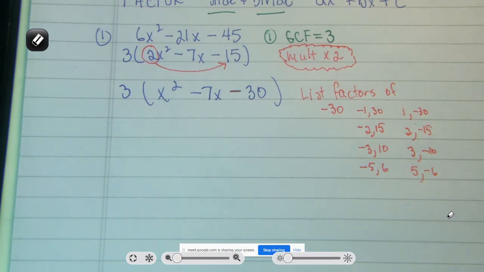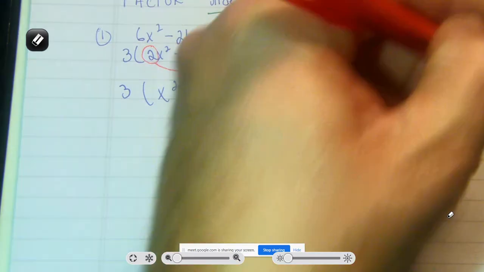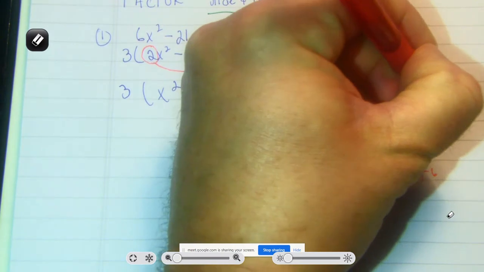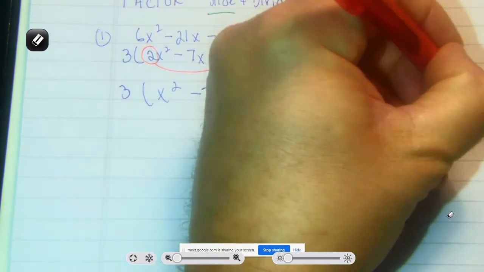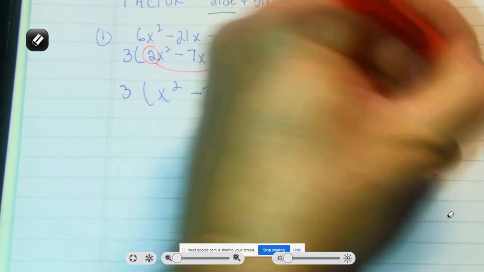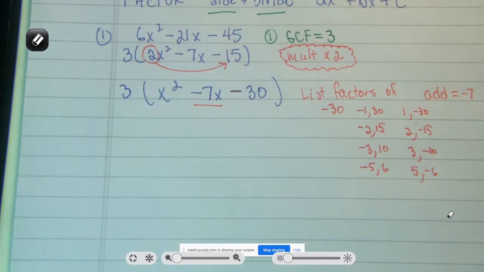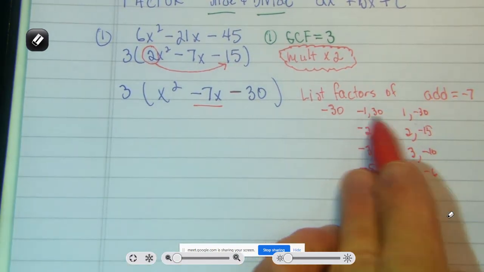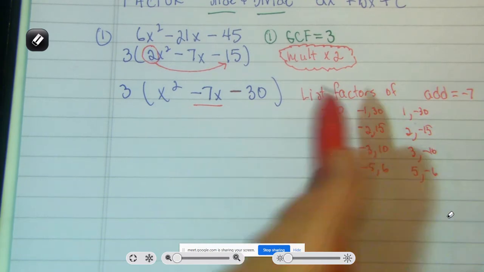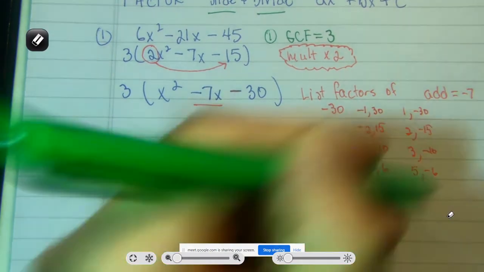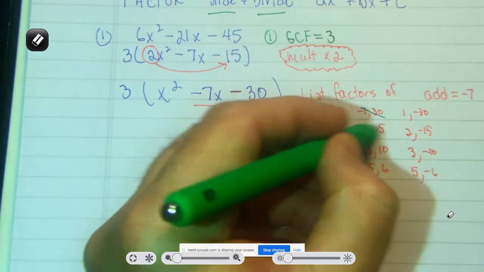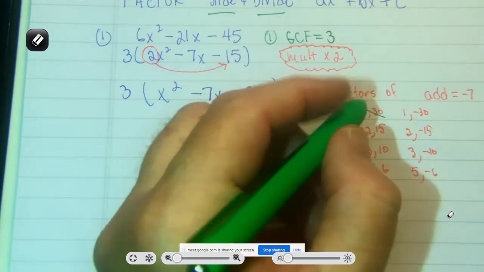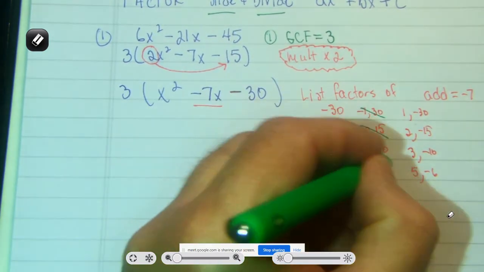We did this yesterday. When we did that chart, what I want to know is which of these factors add to negative 7. Okay, so let's add them. Well, negative 1 and 30 is 29. It's not going to be that one. Negative 2 and 15, that's a positive 13, not that one.